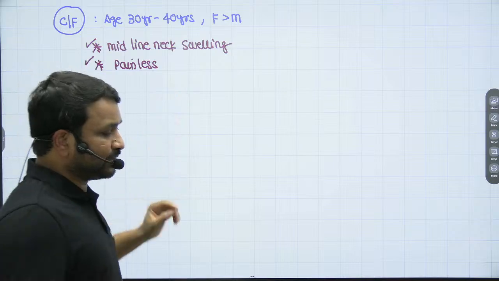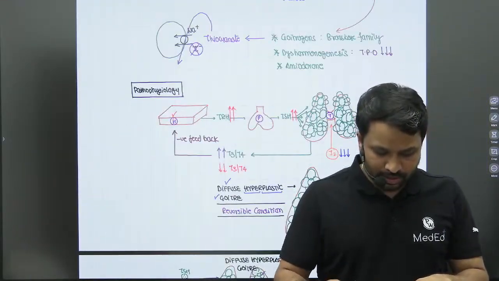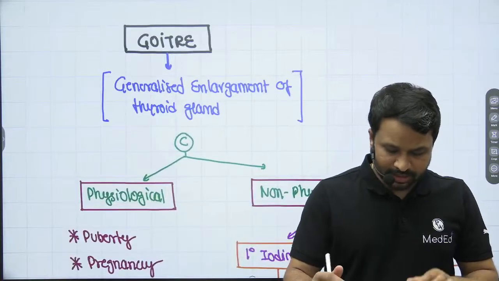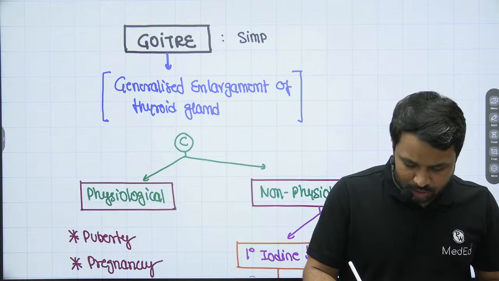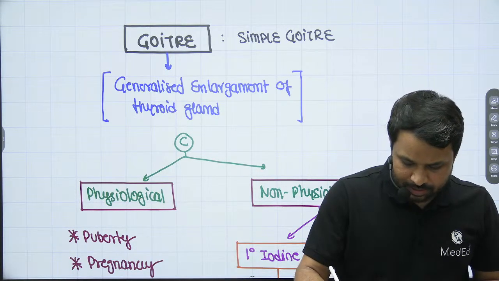When we say simple goiter, today we are dealing with the topic which is called a simple goiter. Here the goiter that we're dealing with today is an example of a simple goiter. वैसे कुछ simple होता नहीं है, नाम बोलने के लिए simple है.